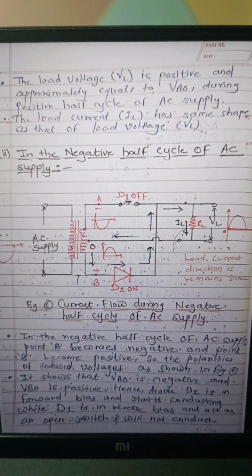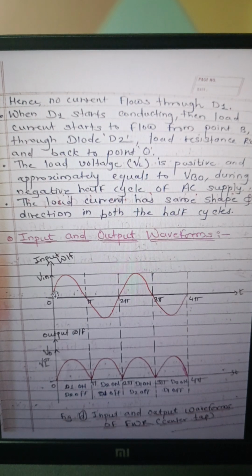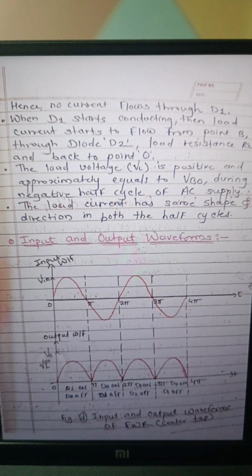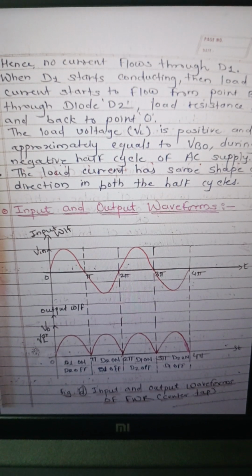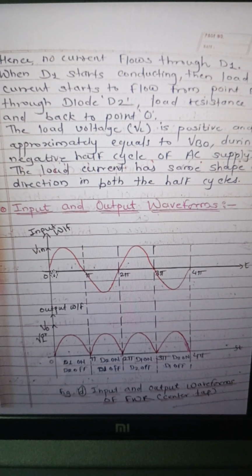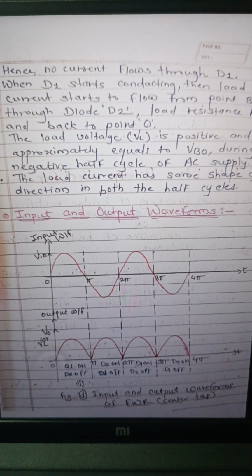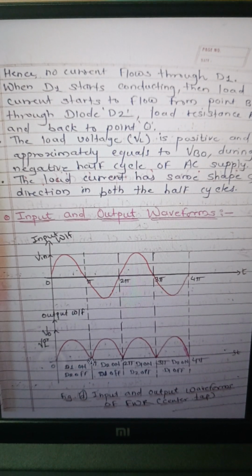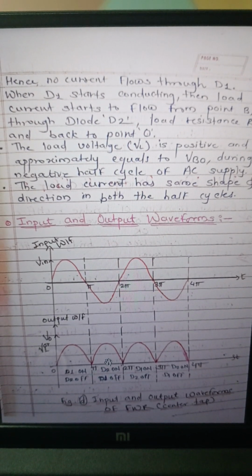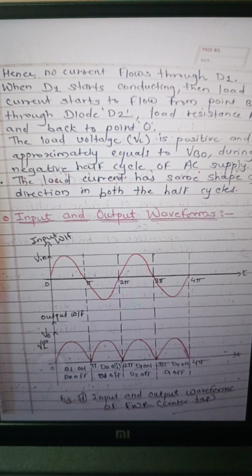So these are the input output waveforms. This is the input voltage waveform and this is the output voltage waveform. When first positive half cycle, diode D1 is on, D2 is off. Then negative half cycle, diode D1 is off but D2 is on, so we will get again positive half cycle at the output side.